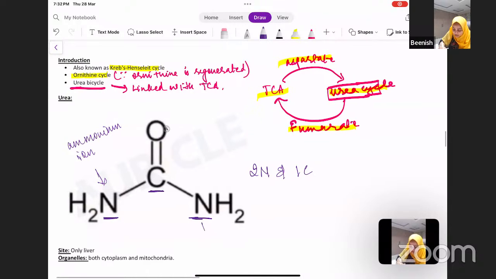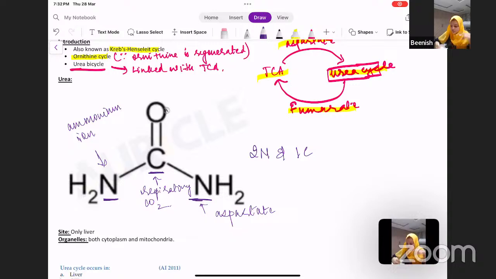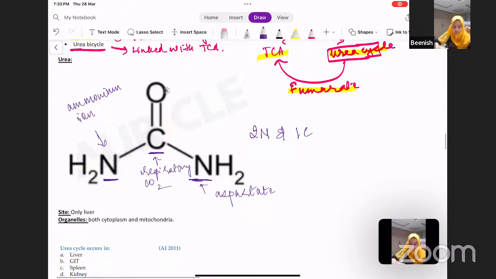And the other nitrogen is contributed by aspartate. And this carbon is coming from respiratory carbon dioxide. So this is the structure of urea consisting of 2 nitrogen atoms and 1 carbon atom. The 2 nitrogens are donated by ammonium ion and your aspartate.